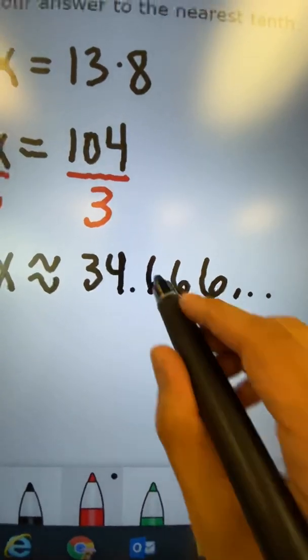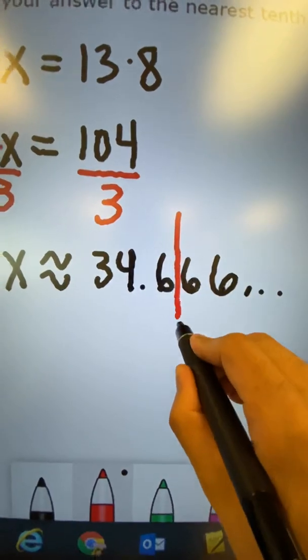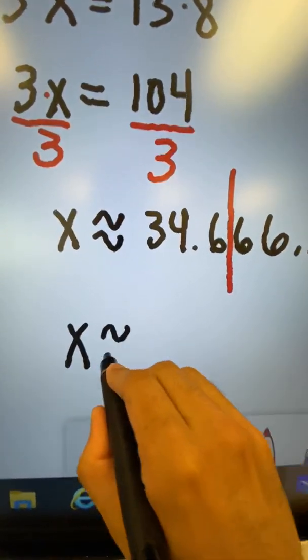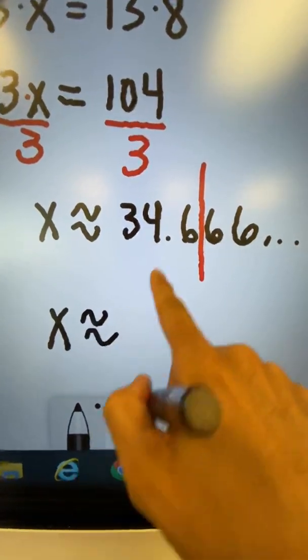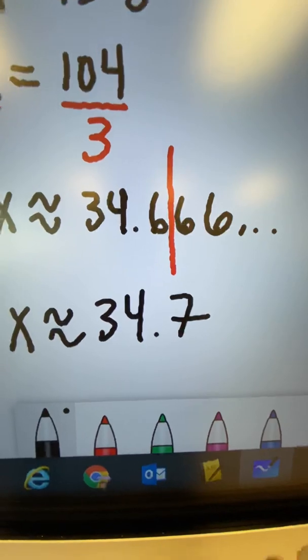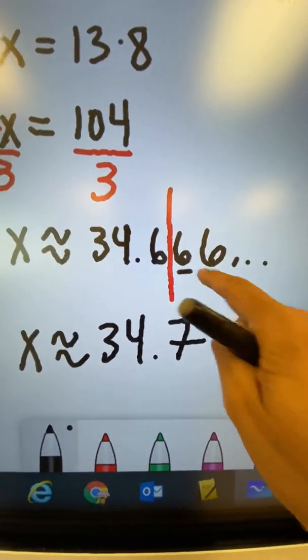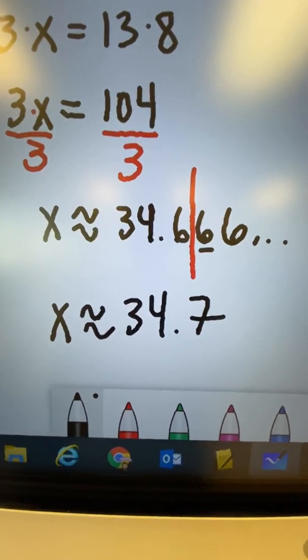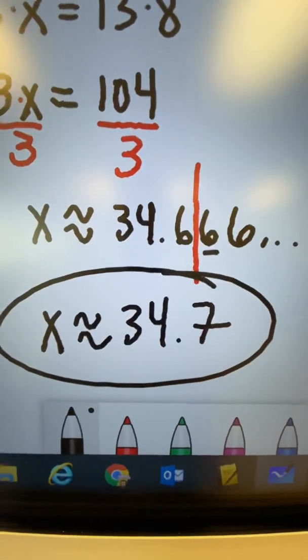So that means I don't want any numbers past that. And when I round this out, I can see that x is going to be approximately, or about, 34.7. Because the 6, we know that it's a little bit more than halfway, so this is going to round up to 34.7. And that'll be my final answer.